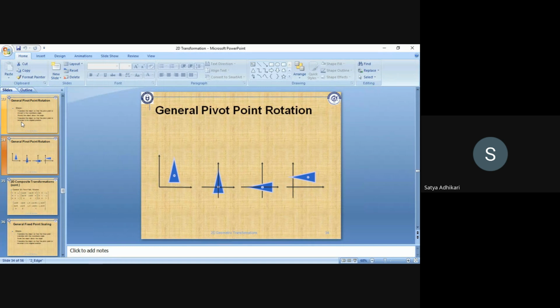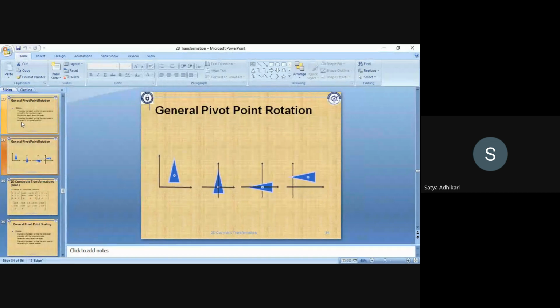I want to rotate this object with respect to that point, not the origin. That point should remain fixed, but we have to rotate the object either clockwise or anti-clockwise. Suppose I want to rotate anti-clockwise 90 degree. So not to the origin.